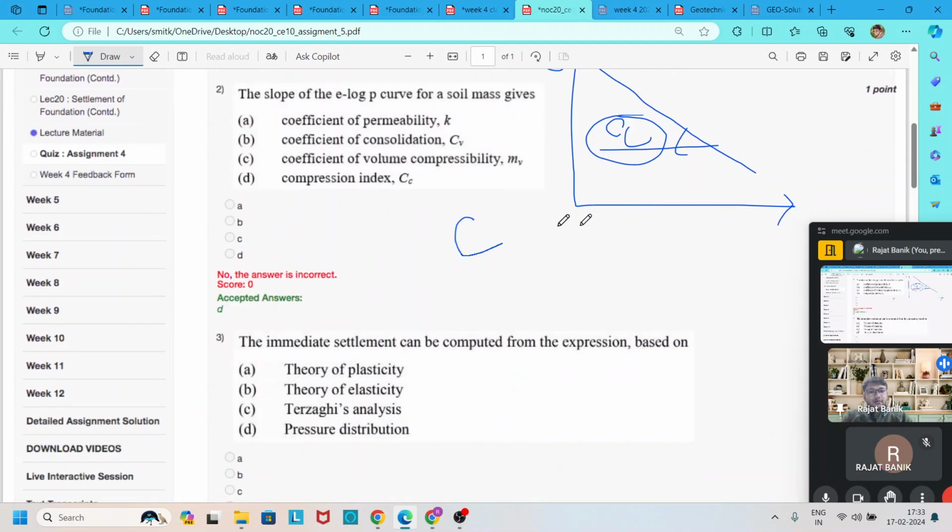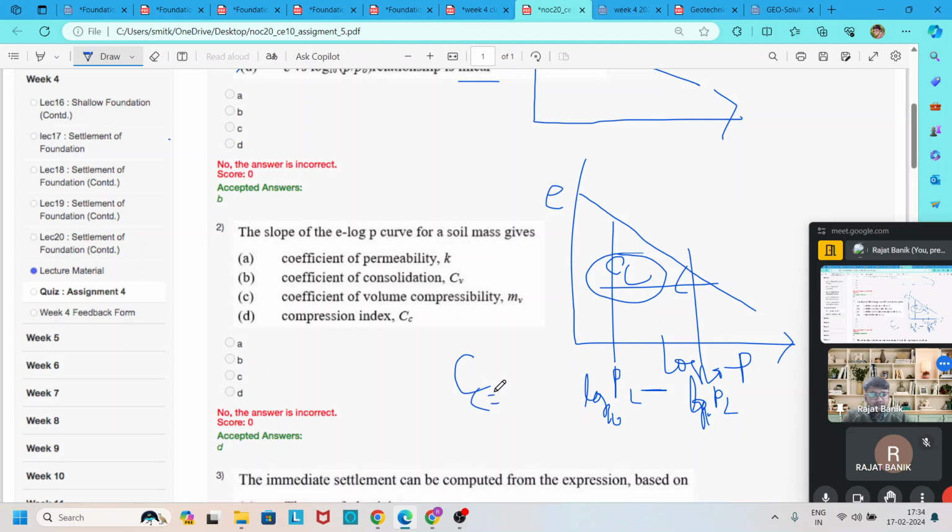If two points are taken, P1 and P2, that is log10 P1 and log10 P2, the slope becomes e1 minus e2 divided by log10 P2 minus log10 P1.